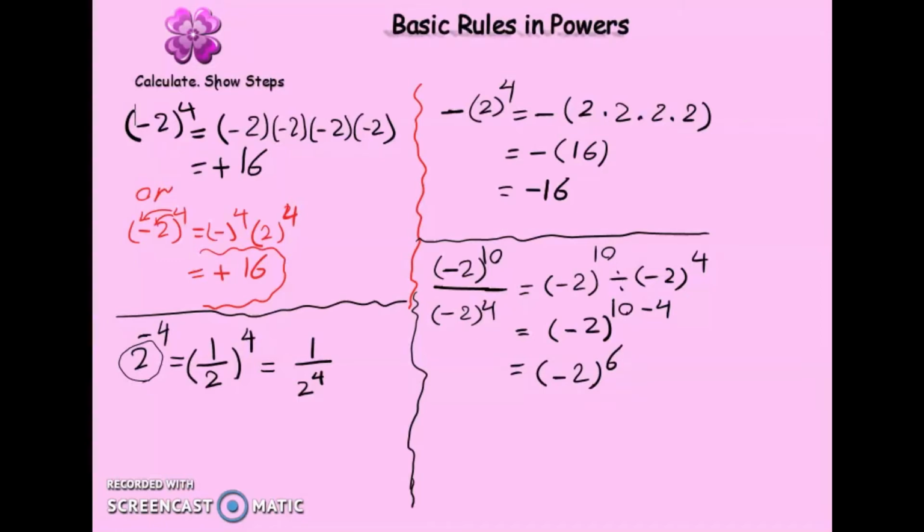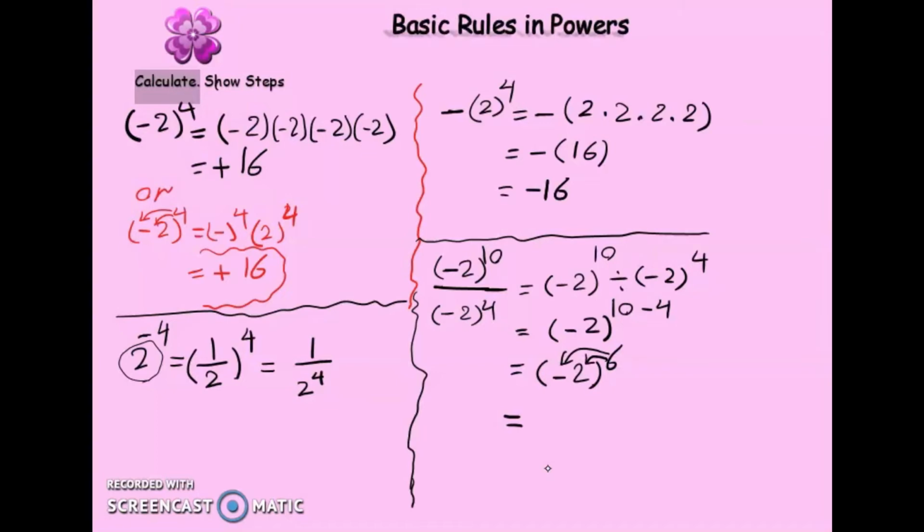Because the question is asking you to evaluate, you're going to evaluate, so don't leave it like that. This is sometimes acceptable with some teachers, but some of them ask students to continue. So you need to expand this exponent for both elements inside the bracket.